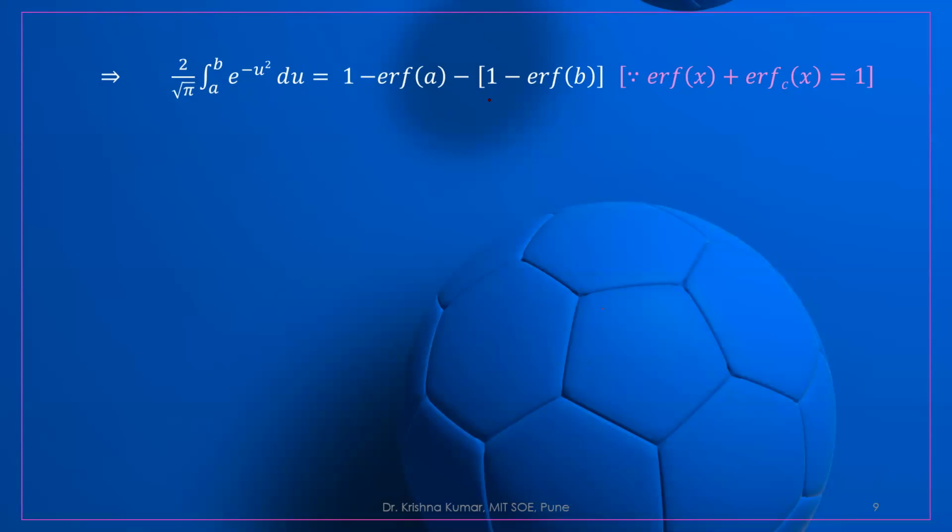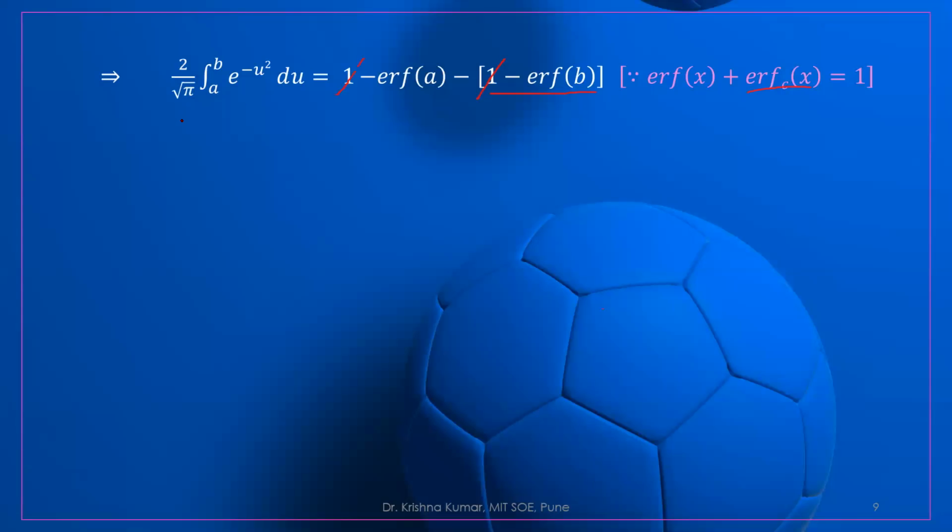Again, what is the complementary error function of B? It is 1 minus error function of B, because we know that error function of x plus complementary error function of x equals 1. So the complementary error function of x is 1 minus error function of x. Now we write here 1 minus error function of B. So this minus 1 and this plus 1 will cancel.